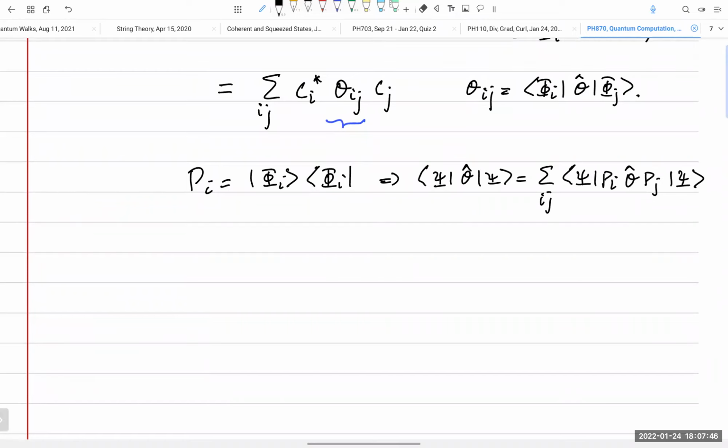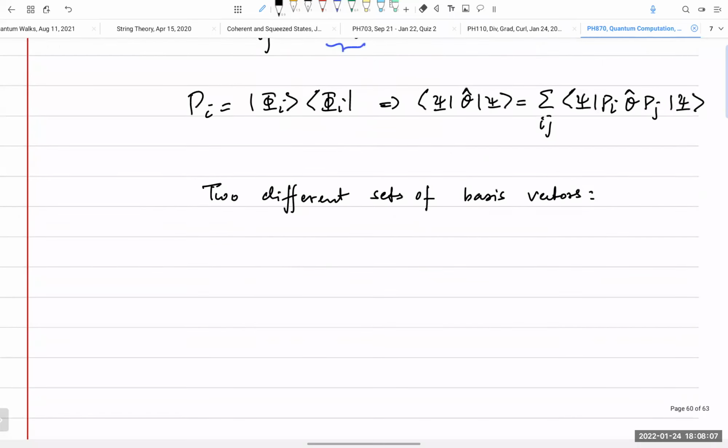Alternatively, one can say that you have two different sets of basis vectors. Again, for lack of imagination, I'll just call them phi and phi prime.